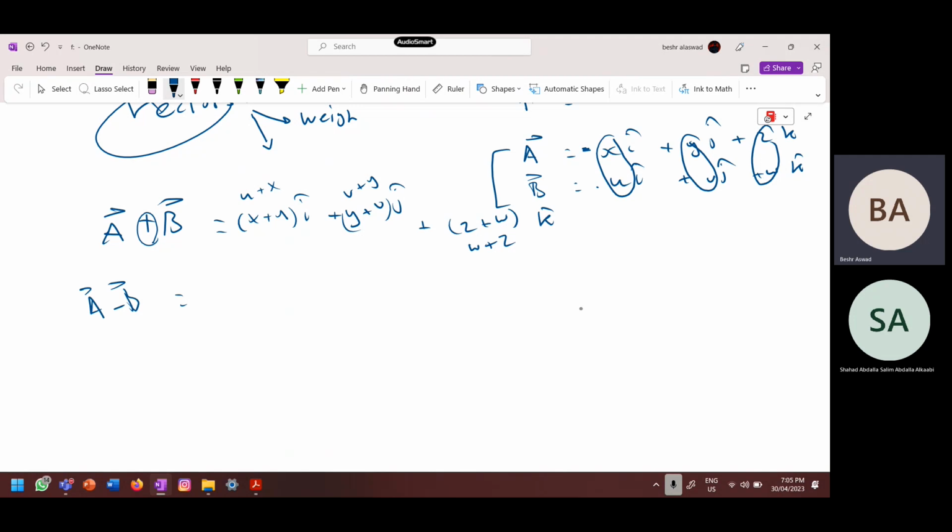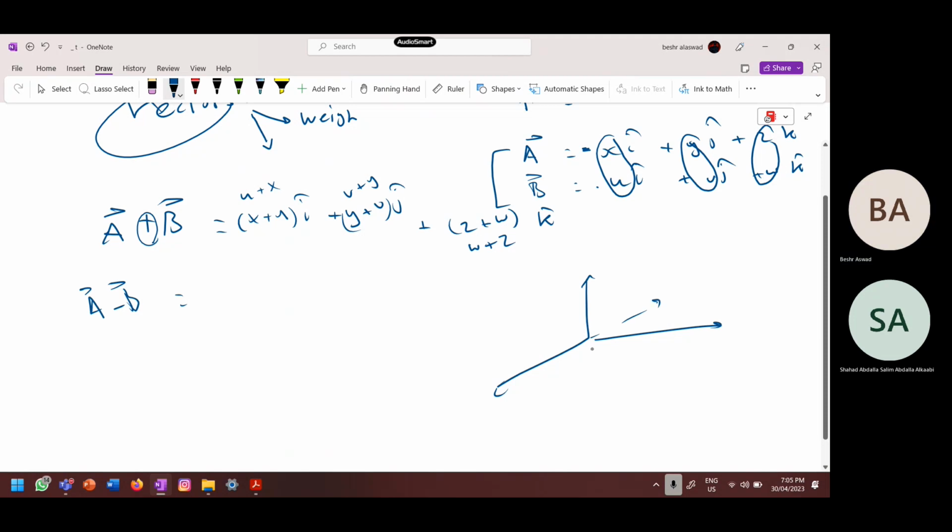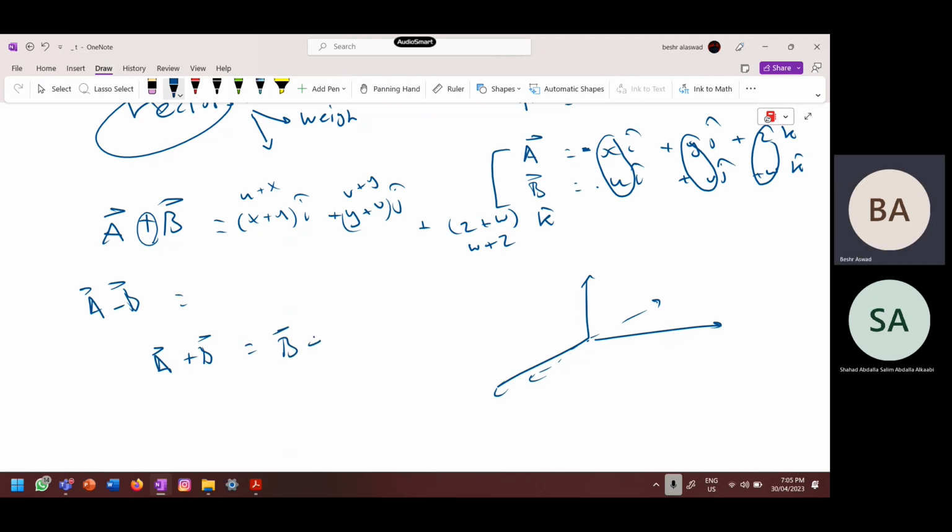So let's say if you have a vector that's going this way, when you have the wrong value, you might go to the other side, like below the plane that you're working on. So A plus B is equal to B plus A. As for the negative, A minus B is not equal to B minus A.